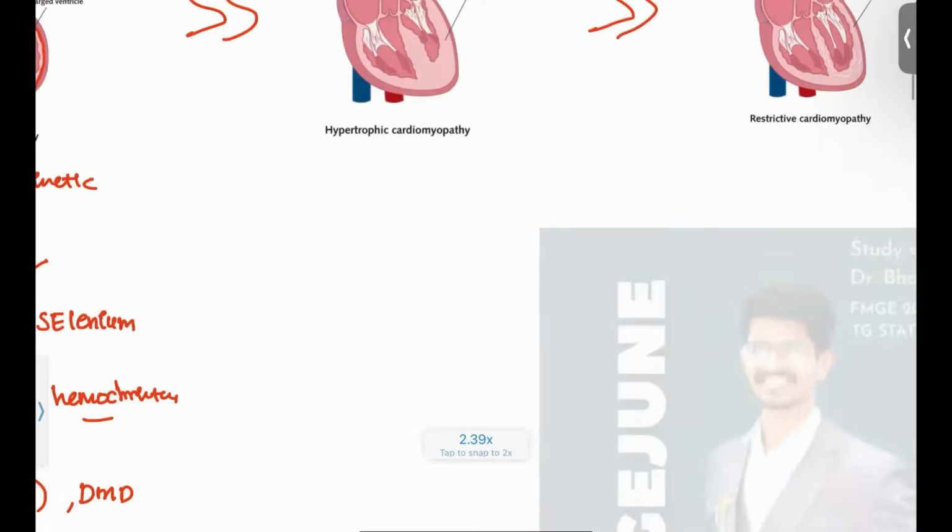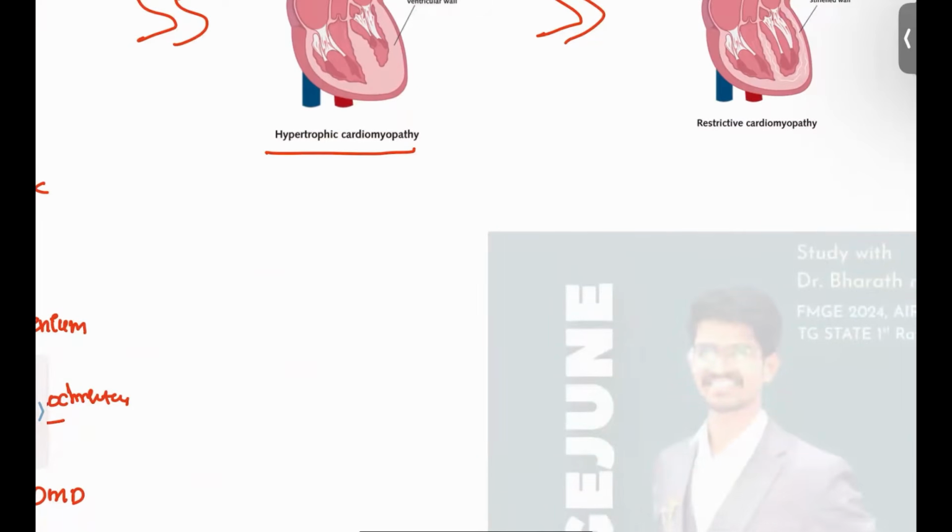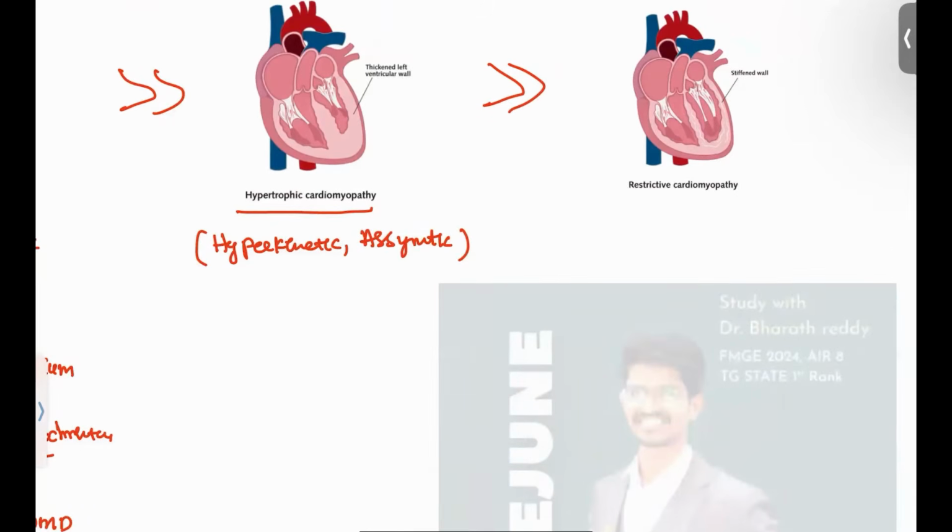Next, moving on to hypertrophic cardiomyopathy and how it is seen in echocardiography. This will be seen as hyperkinetic and asymmetric. Okay, so the function of the heart should normally show a normal kinetic mechanism, and all the valves will be symmetrical only.